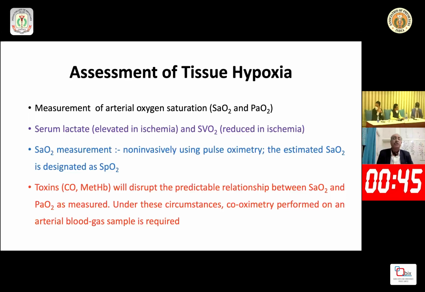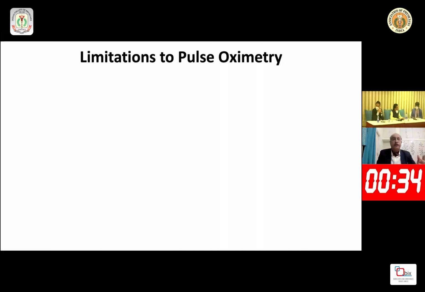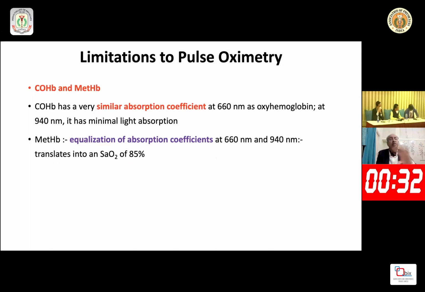So what it leads to is a fixed oxygen saturation, and it has led to a concept called the saturation gap. So if you see your SpO2 is fixed sometimes around, let's say, 85, 86, and SaO2 is more than 90, immediately look for some abnormal hemoglobinopathy, in all probability likely to be methemoglobinemia.